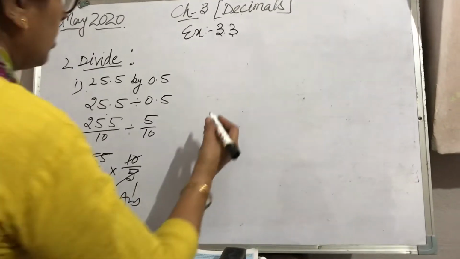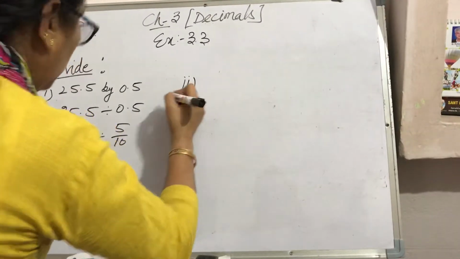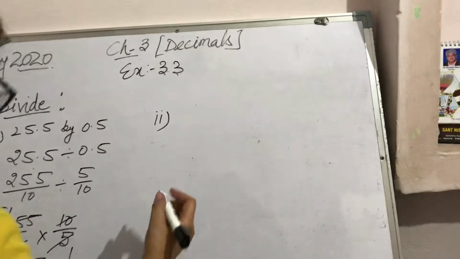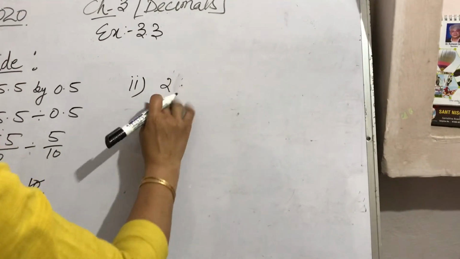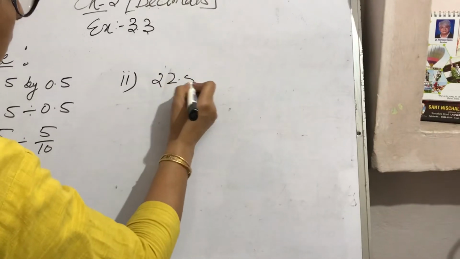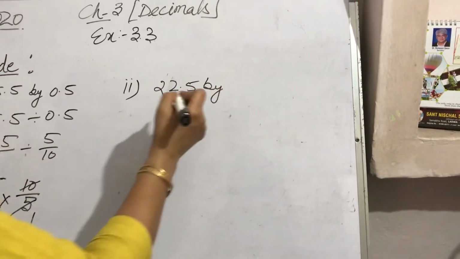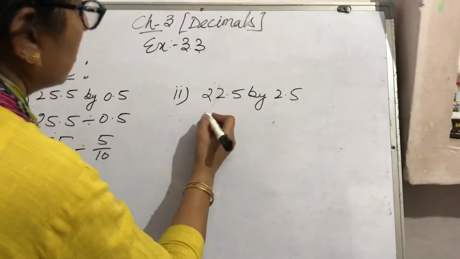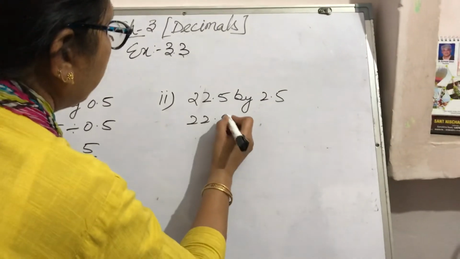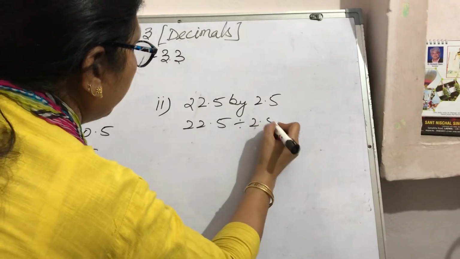So question number 2, part 2 of the same question: 22.5 divided by 2.5.